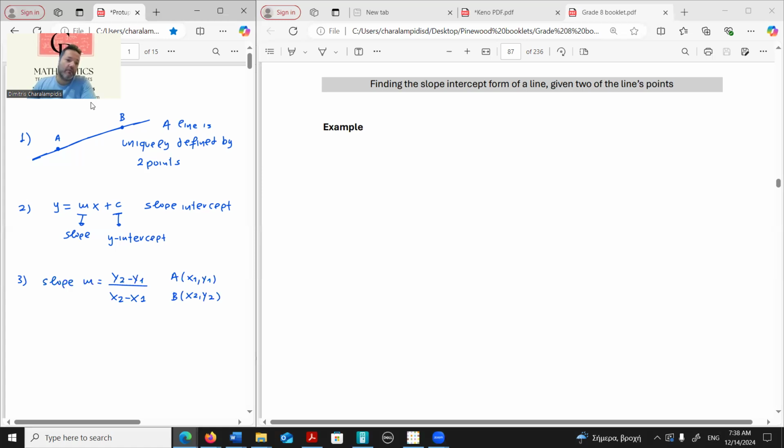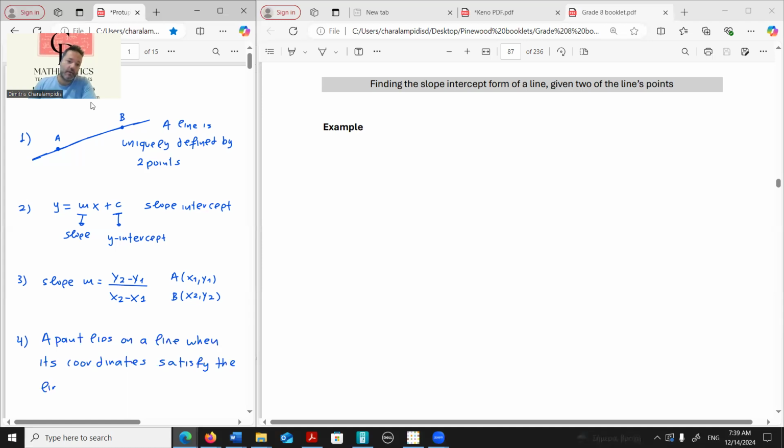And finally, we should all remember that poem with regards to when a point lies on a line, which says that a point lies on a line when its coordinates satisfy the line's equation.